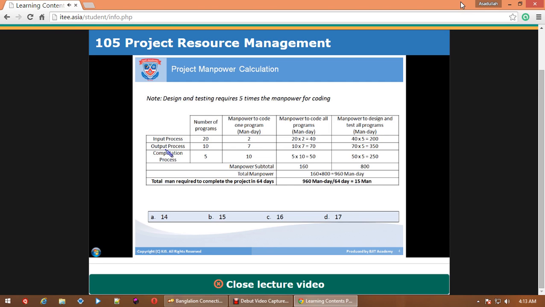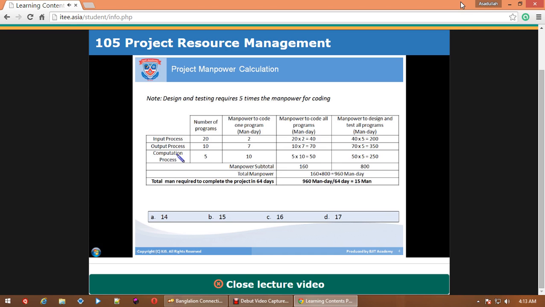Similarly, for output process, we have 10 programs and 1 program coding needs 7 man days. So to complete coding these 10 programs, we need 10 into 7 equal to 70 man days. For design and testing these programs, we need 5 times more time. That is 70 into 5 equal to 350 man days.